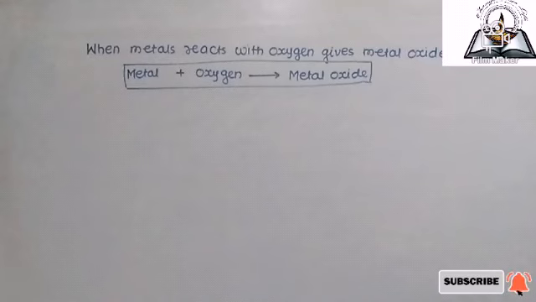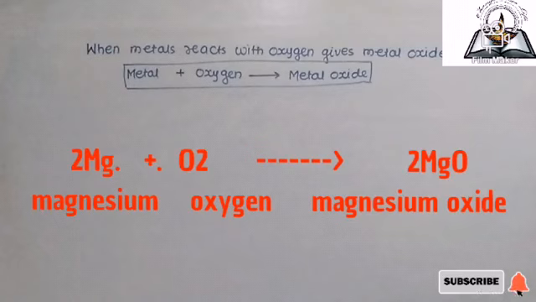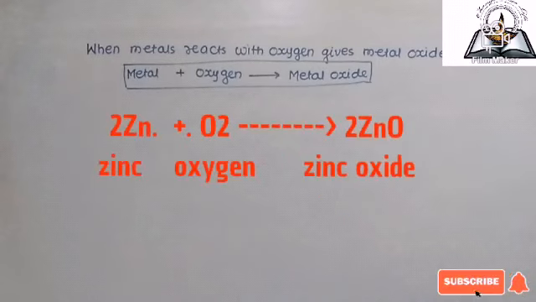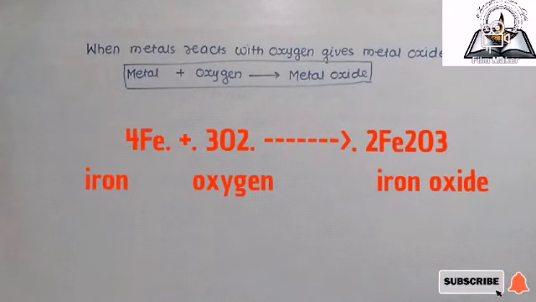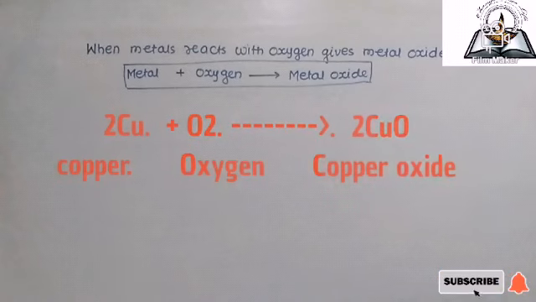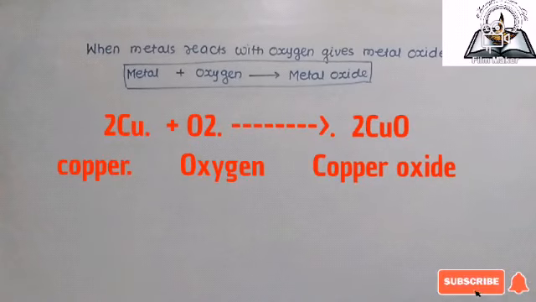Next one is magnesium, which reacts with oxygen to give magnesium oxide. Another one, Zn reacts with oxygen to give ZnO, that is zinc oxide. Iron reacts with oxygen to give iron oxide. And copper reacts with oxygen to give copper oxide.